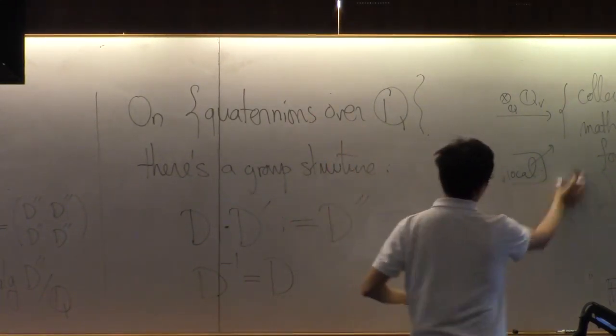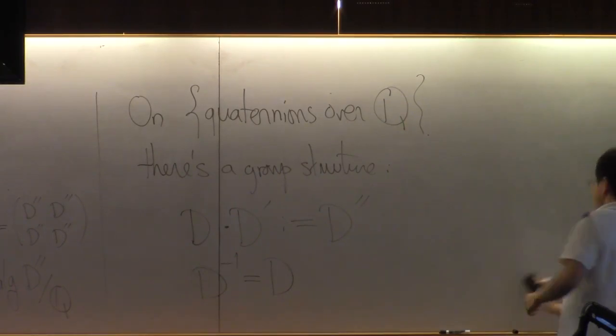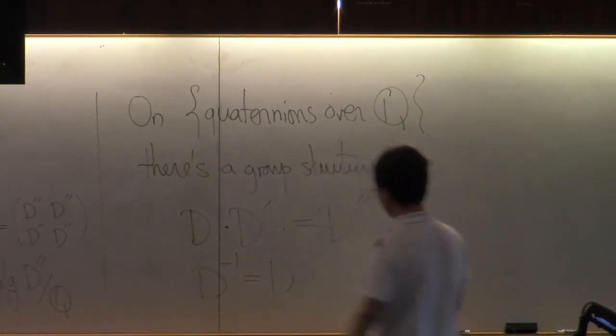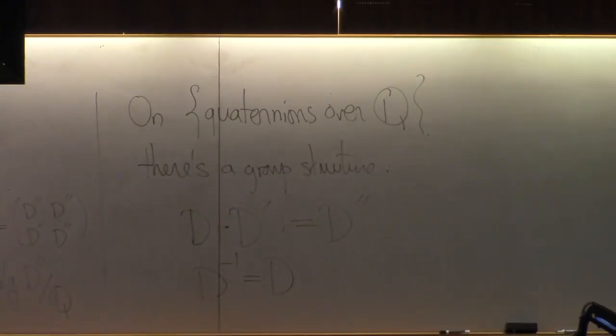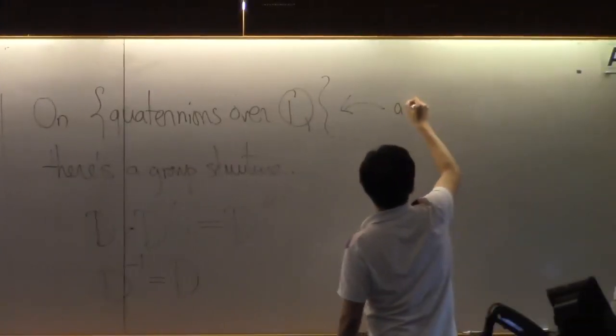This is a very large set. It's an infinite set. And also, by this definition, D tensor D prime is the same as D prime tensor D. So it's an abelian group.